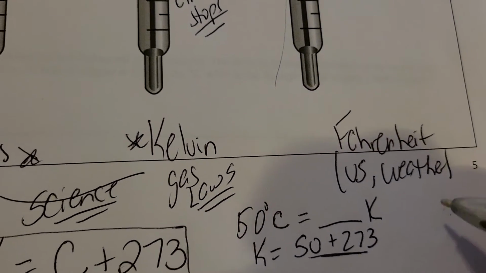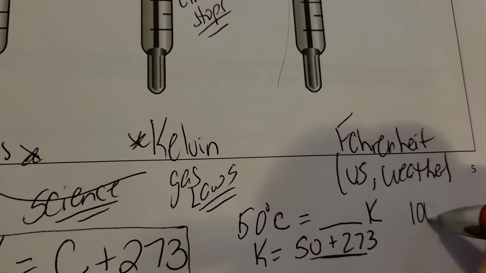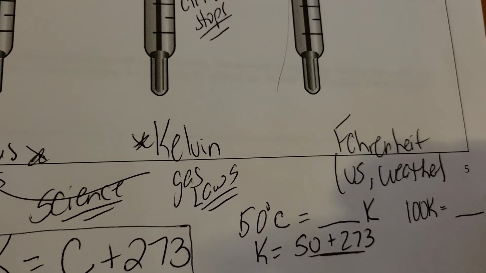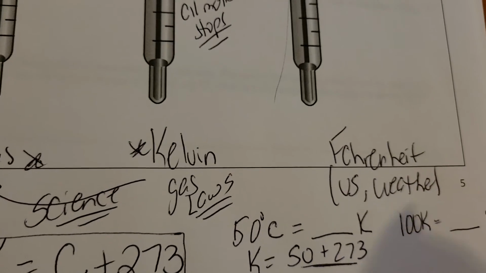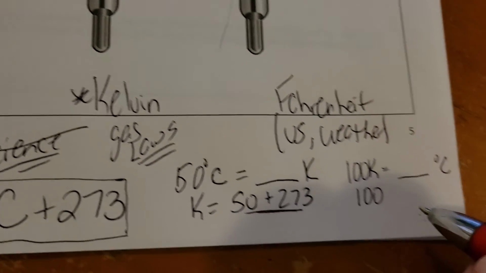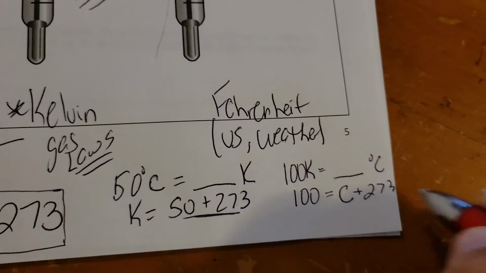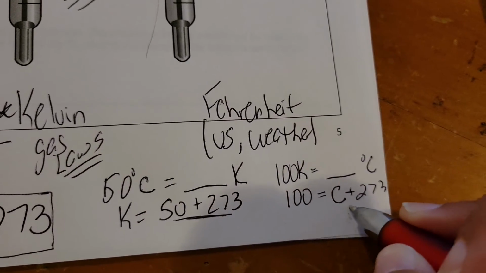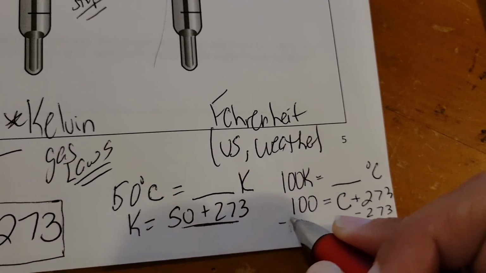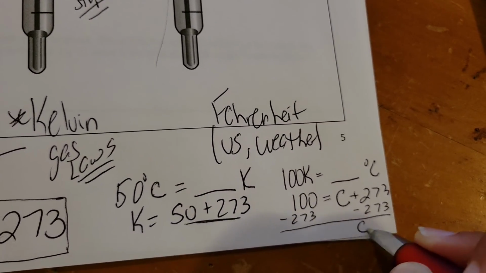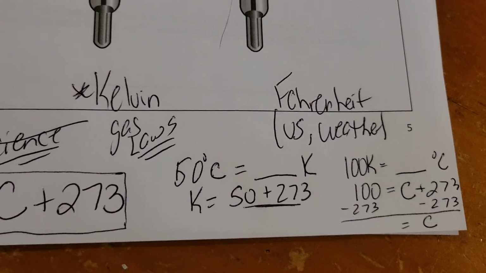If I'm given the Kelvin temperature, so let's say I have 100 Kelvin and I have to change it to degrees Celsius, now I'm plugging my Kelvin temperature in for K. It equals the Celsius plus 273. So then I just do a little algebra to get the Celsius by itself. I subtract 273 from each side and I get my Celsius temperature. Okay.